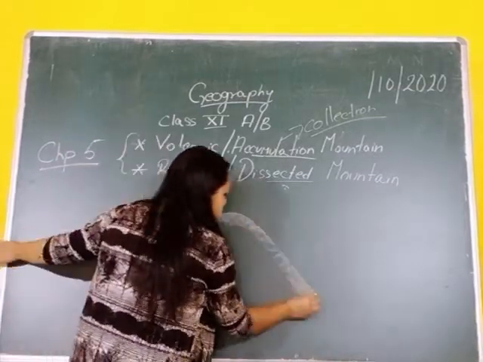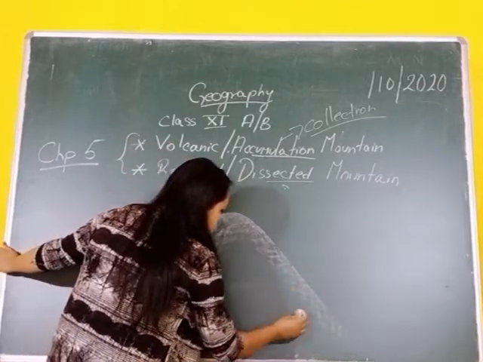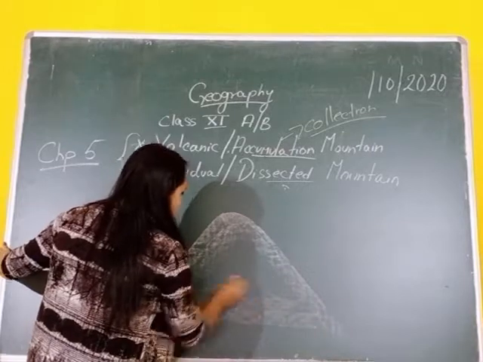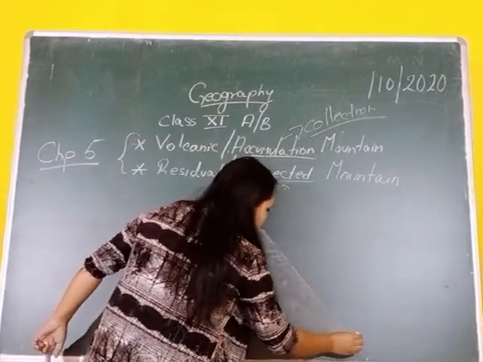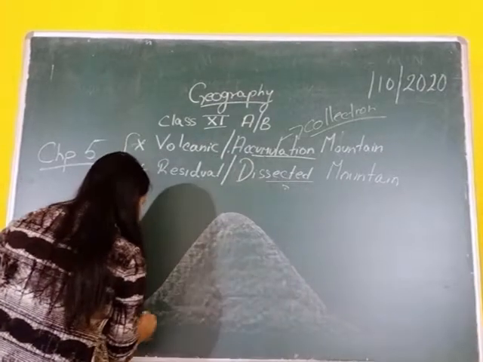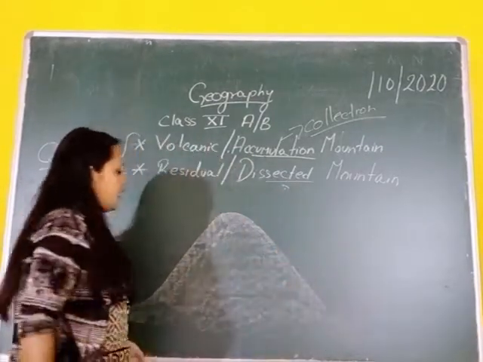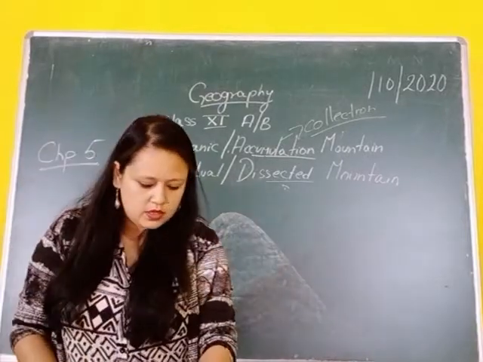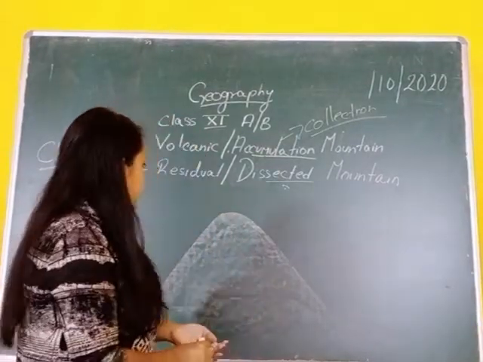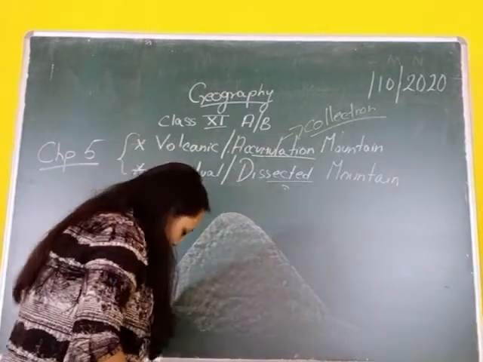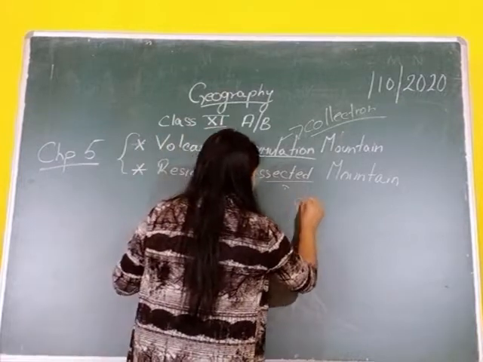Now let's do just a short explanation only. So suppose this was initially a mountain which did not have a name. Before human civilization, this was a mountain which did not have a name. Now in the chapter denudation and agents of denudation, you have learnt that erosional activities take place.